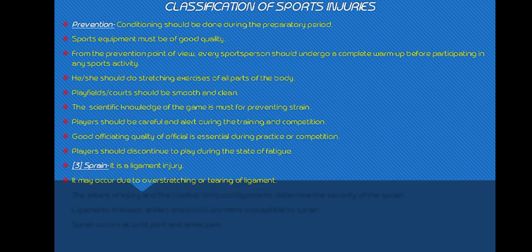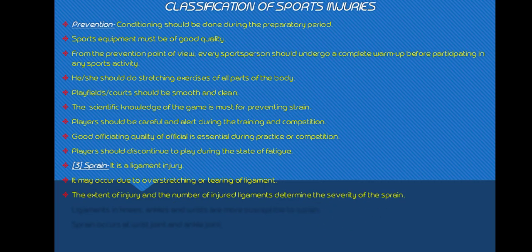It may occur due to overstretching or tearing of a ligament. The extent of injury and the number of injured ligaments determine the severity of the sprain. Ligaments in the knee, ankle, and wrist are more susceptible to sprain.